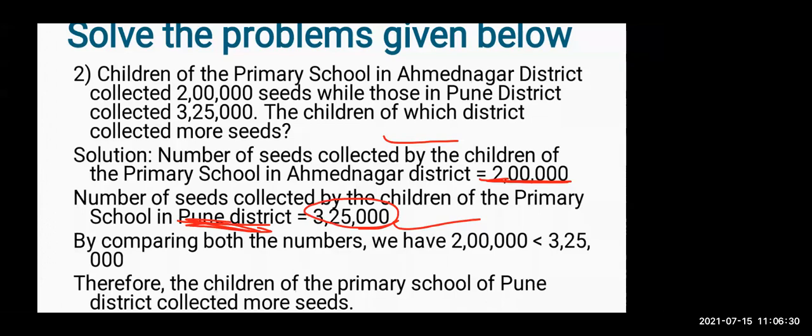So the last statement will be: therefore, the children of the primary school of Pune district collected more seeds. See, by looking at the questions only, you people are getting the answers. But this is a word problem sum, so you have to write a statement. So in this way, you will write the statement and complete the sum. So here we are done with our second chapter.